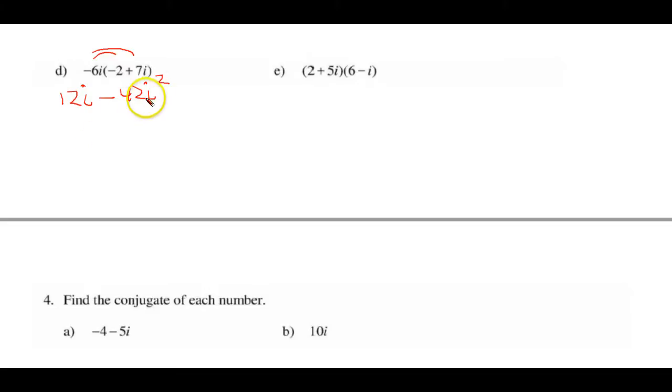But notice that i squared is a negative 1, so this will become a 12i plus 42. Now above they had said they want us to put our answers in standard form of the complex number.